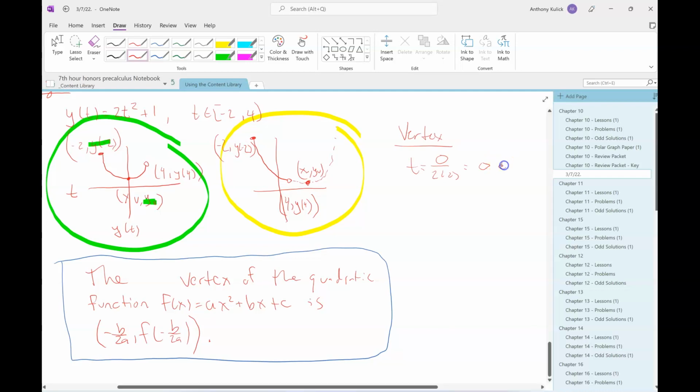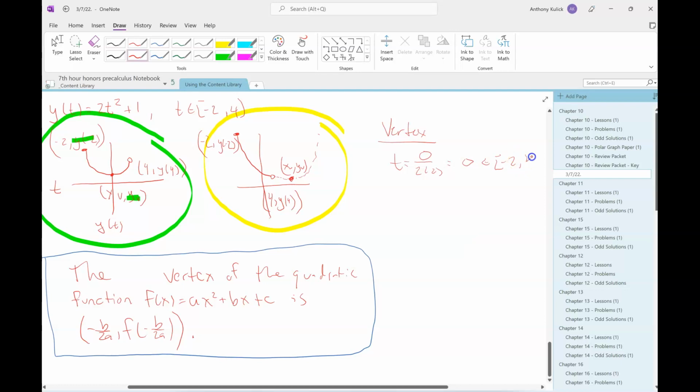Now that is definitely inside the interval for our parameter, right? 0 is between -2 and 4. So we do care about the y of 0 then. So that's 1.